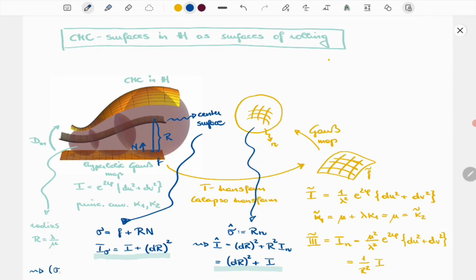So now sigma and sigma hat generate the hyperbolic Gauss map F as surface of rolling for the right initial point.